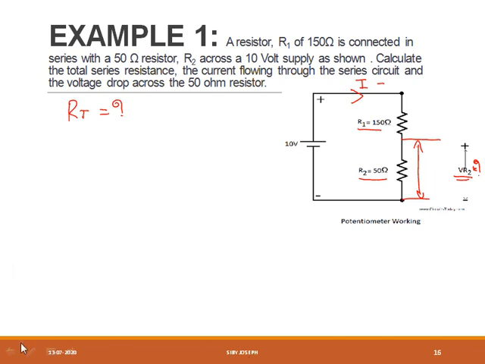So we want to find these three values: total resistance R, current I and VR2.